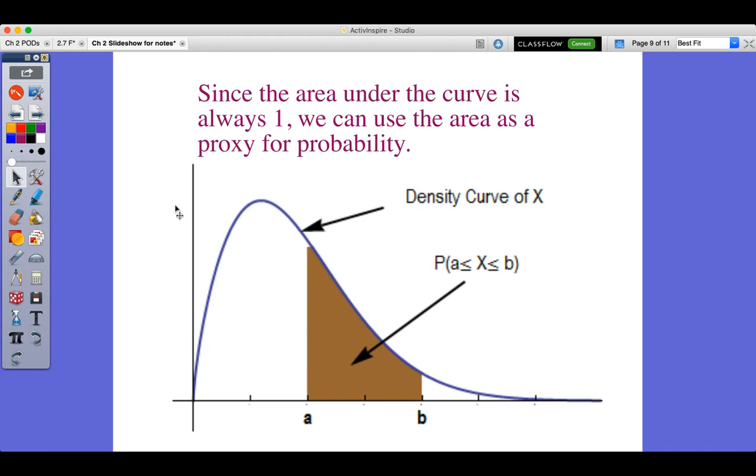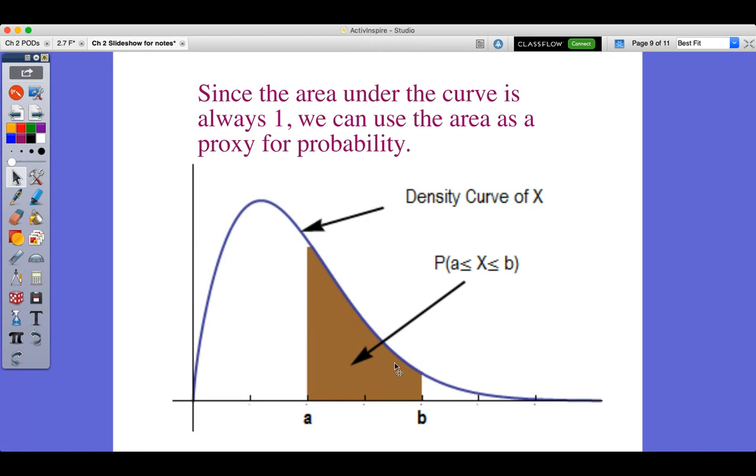If I want to know the probability that I'm going to land between A and B, well, if I could find the area under the curve between A and B, the whole curve adds up to 1, so the whole curve adds up to 100%, and the area here would be the probability that I land between A and B.